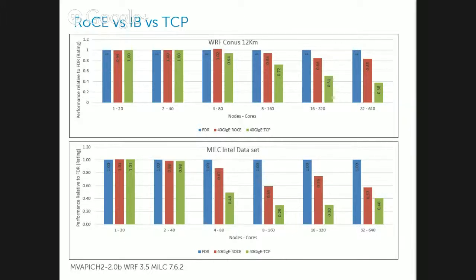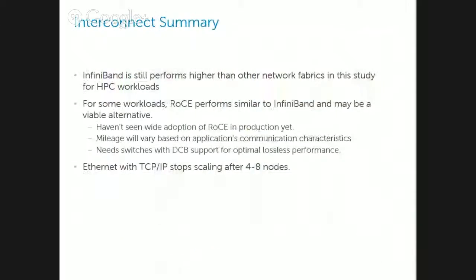So, in conclusion, some of the results on RoCE look pretty promising. It really is a matter of the application that you're using and its communications pattern. Even on some of the applications we've seen, RoCE starts to drop off at 8 nodes.